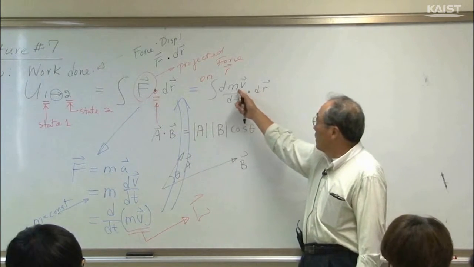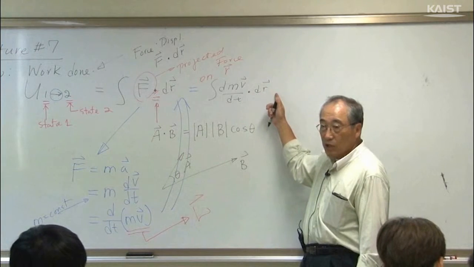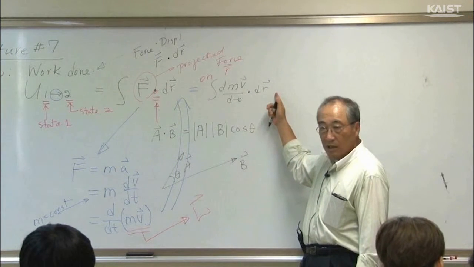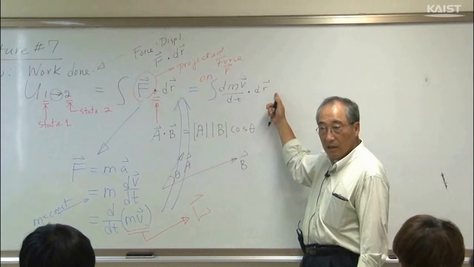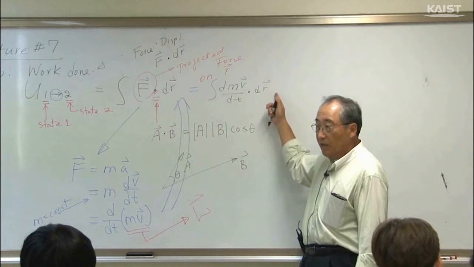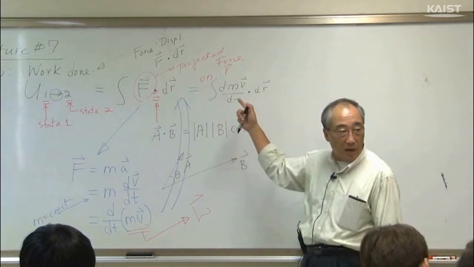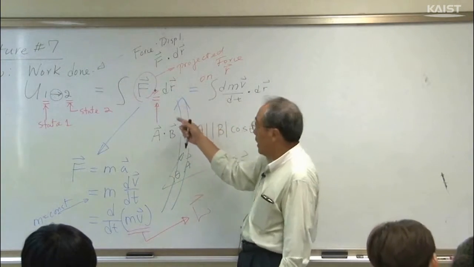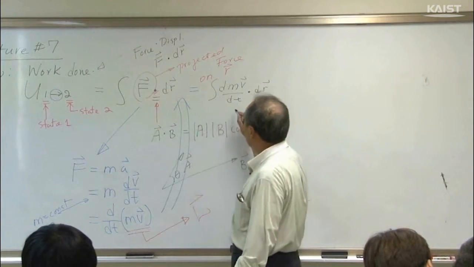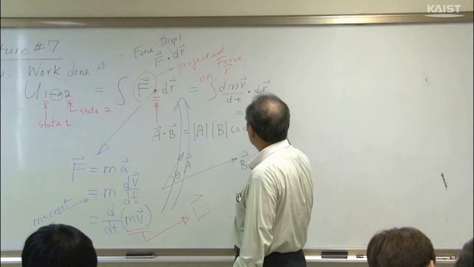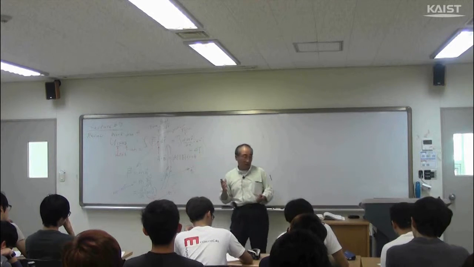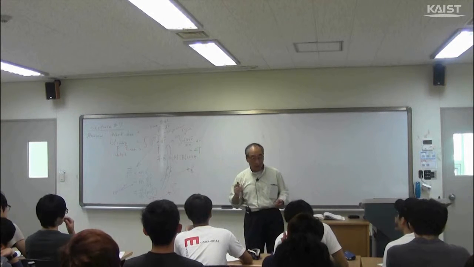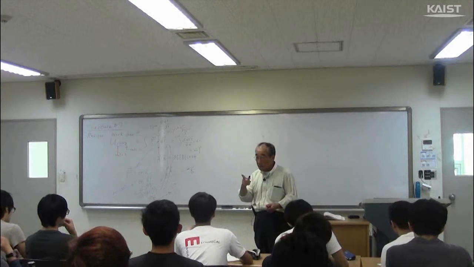Therefore, d(mv) dot velocity integrates to what? mv squared over 2, right? Therefore, we obtain that work done induces change of kinetic energy. That's one of the things we learned in the last lecture, right?